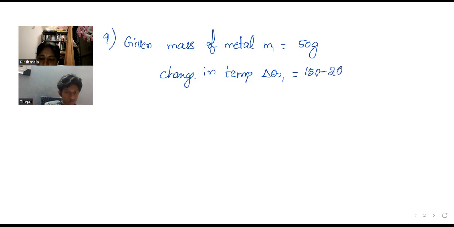Initial is 150, final is 20. So 150 minus 20 is 130. That is 130 Kelvin. Next, we want to find out the specific heat capacity of the metal only.